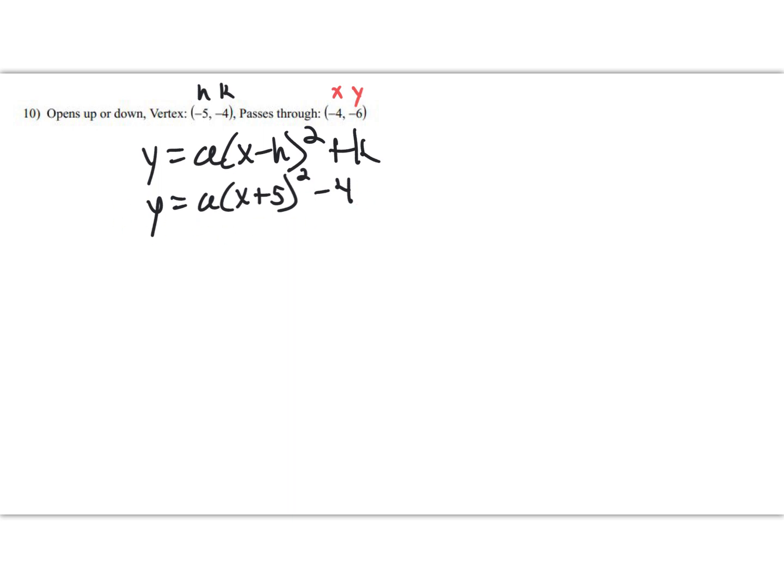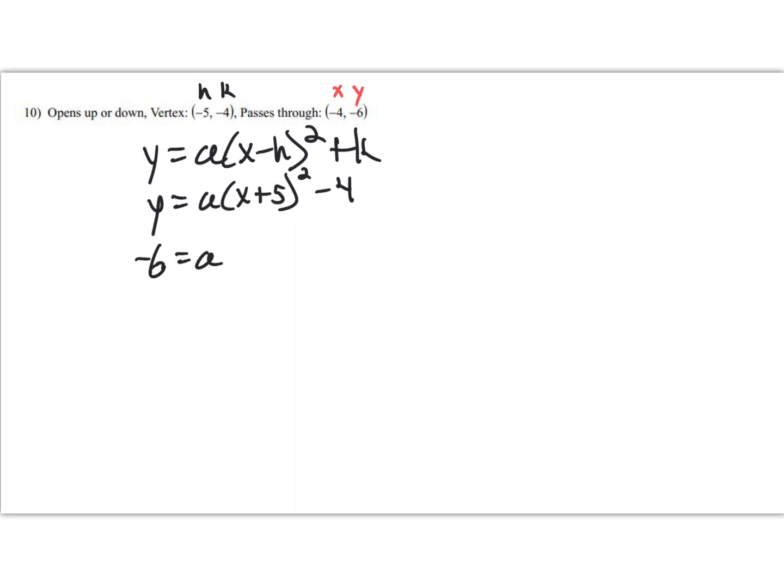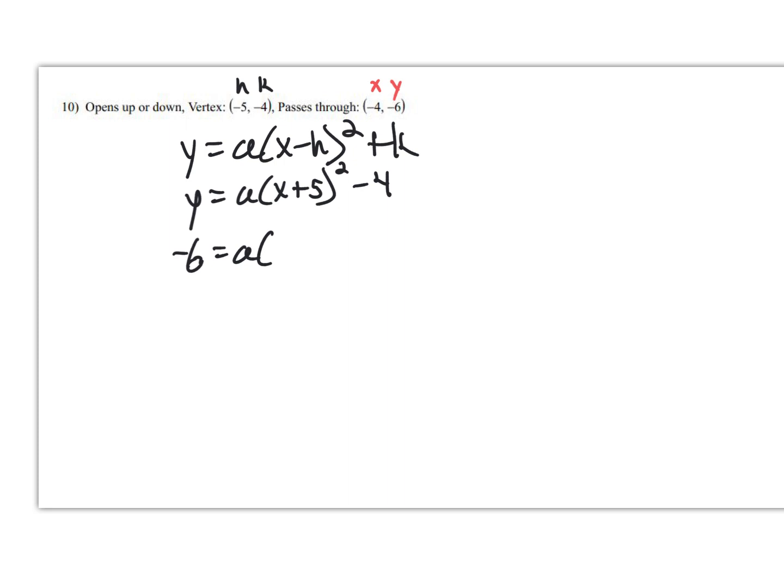So this one specifically has a y of negative 6. And that's equal to a times, and the x value is negative 4, and then plus 5, squared, minus 4. And then we have negative 6 equals a times 1 squared minus 4.